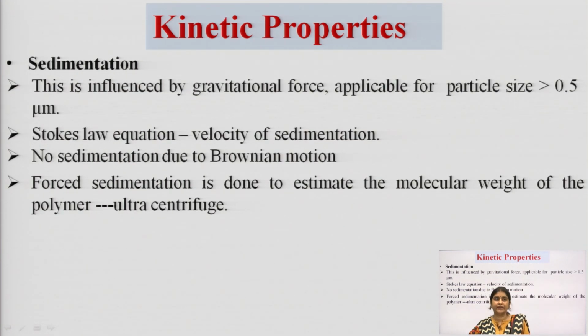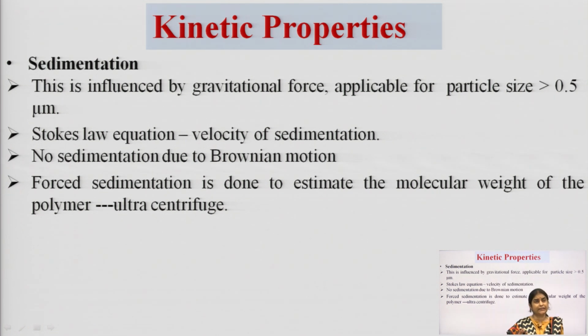Then comes sedimentation. This is influenced by the gravitational force and it is applicable when the particle size is greater than 0.5 micrometer, and this can be explained by the Stokes' law equation, which gives us the velocity of sedimentation, but there is no sedimentation if there is Brownian motion.